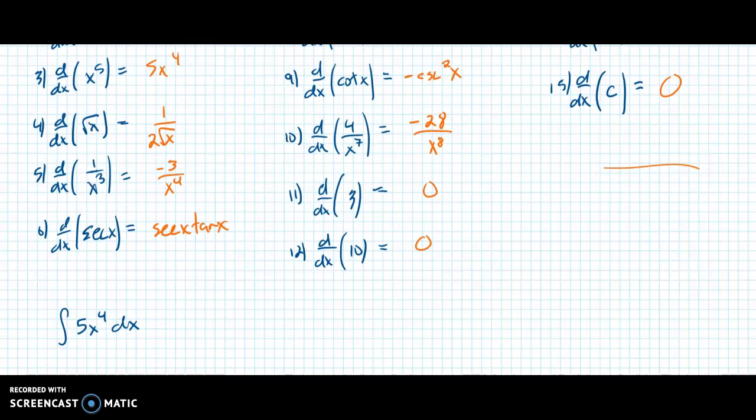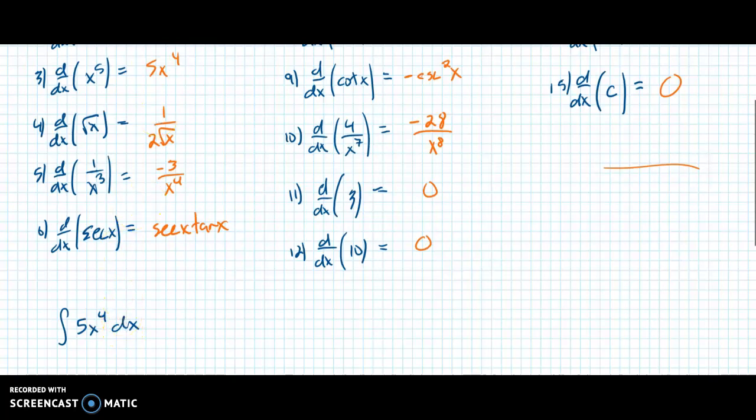We'll talk more about it later and what it means and why it's there. But for now, let's just pump some equations and practice and make sure we're good with this. This integral sign we usually make a little bit taller than all of the rest of the writing in here. And I integrate what is between the integral and the dx.